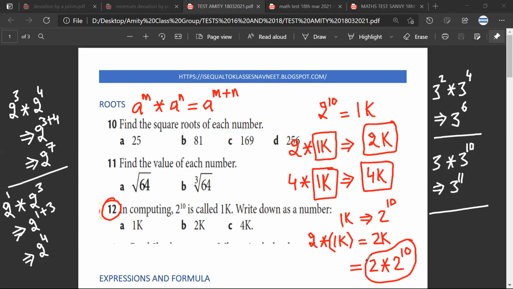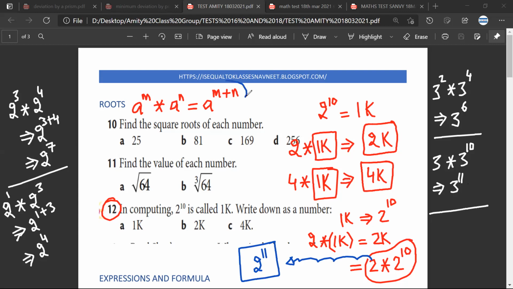So 2 into 2 raised to power 10 would be equal to 2 raised to 11. Is there any doubt still? No. No, sir.